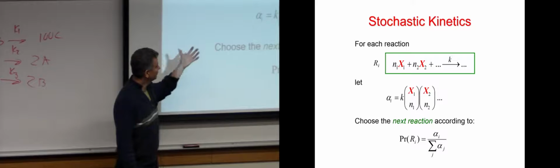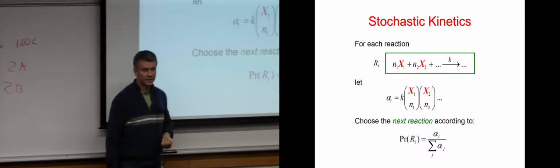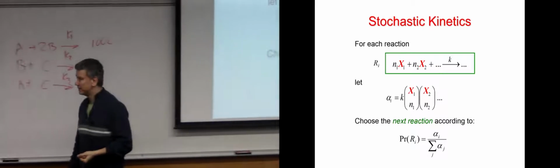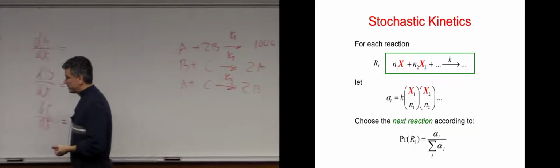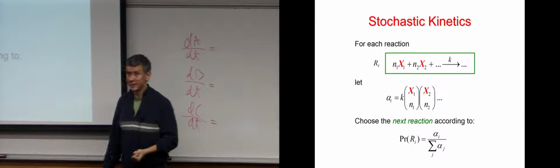So the alpha I here is called the propensity. I don't know for a fact if this is a term specific to this field or if propensity is used generally for probability calculations. Does anyone know? It's probably in a similar context. It's a useful word. If you look it up in the dictionary, propensity versus probability, there probably is an English distinction.